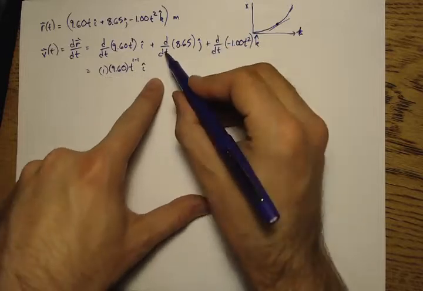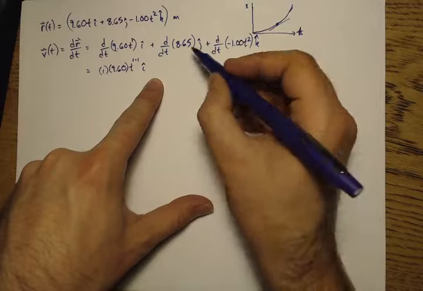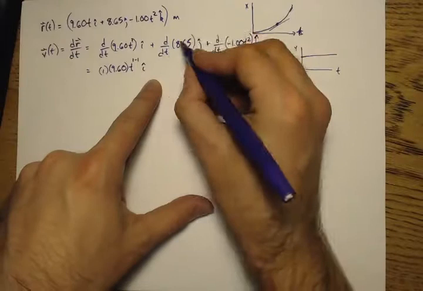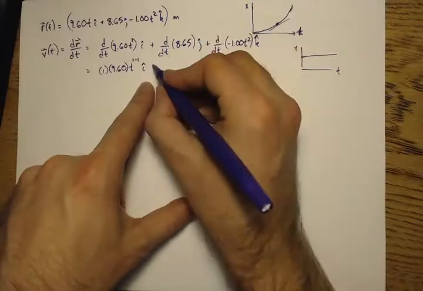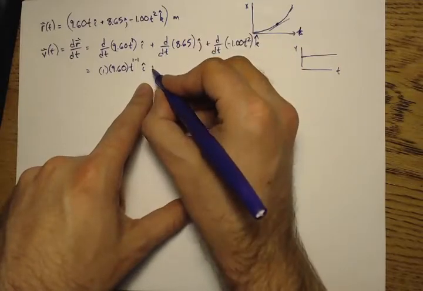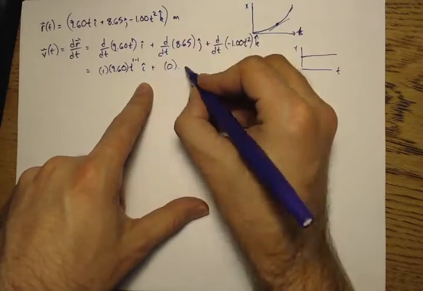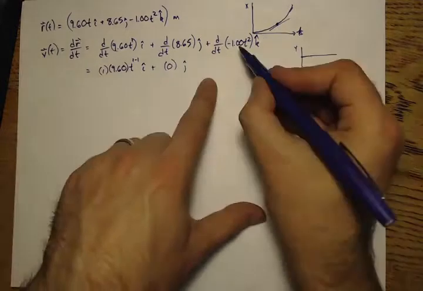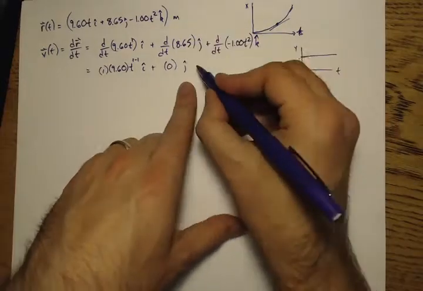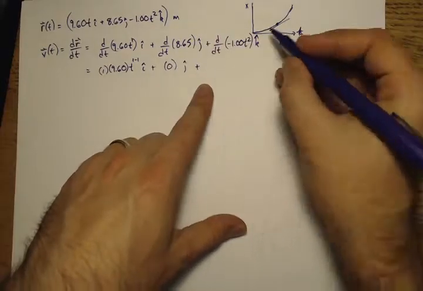Okay, if I take the derivative of a constant, so 8.65, so this would be the y component with respect to time. Well, it's constant, so the slope is 0. And sure enough, if I take the derivative of a constant, it's 0. It's not changing. So plus 0 j hat. And then I use my same kind of algorithm here to take the derivative of this.